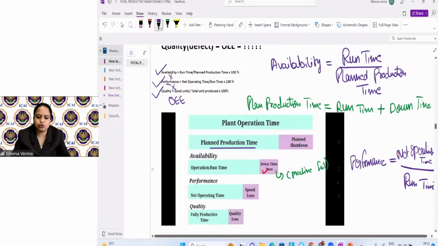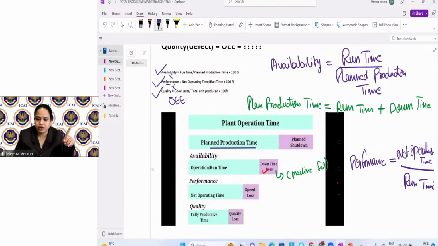Okay. So you know the runtime. What is runtime? Runtime is actually equal to net operating time plus speed loss. If you add them, it will become equal to runtime.